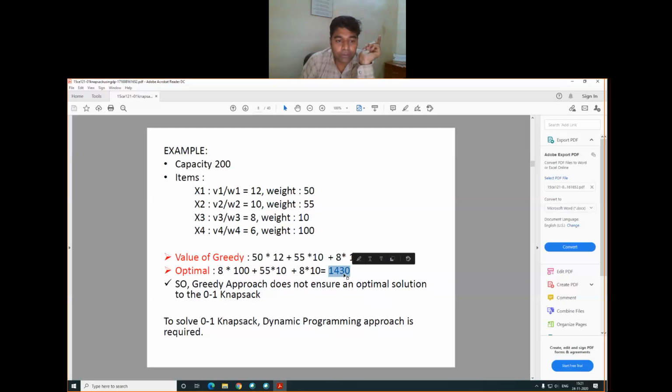Clear? Calculating profit per pound, it is 600 plus 55 into 10 plus 8 into 10, which equals 1430.